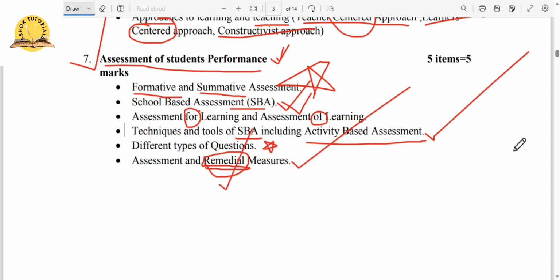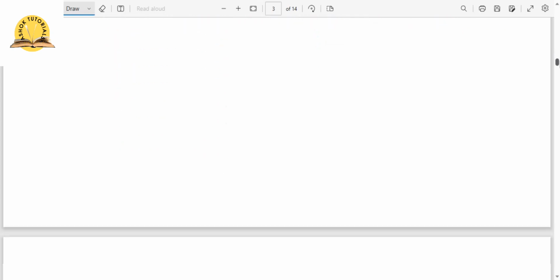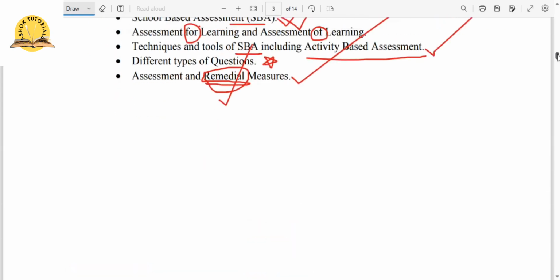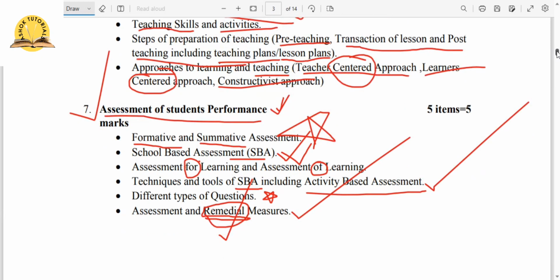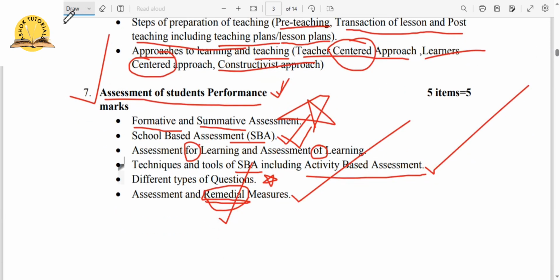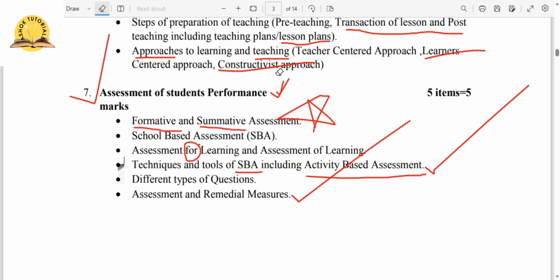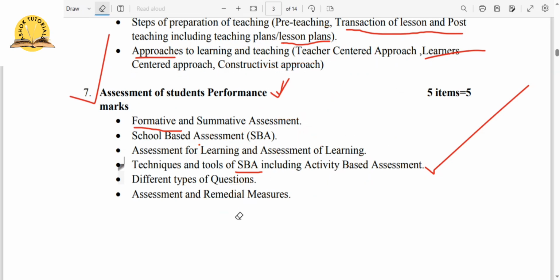So I think, yes, I think this is all. This is all about CDP of paper 1, right? So this is all about CDP of paper 1.